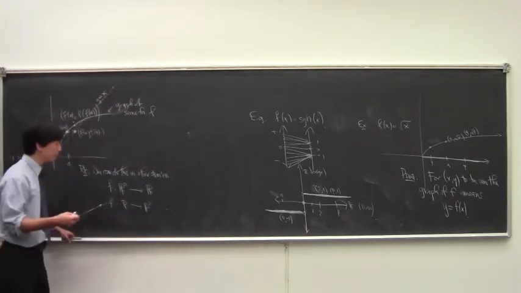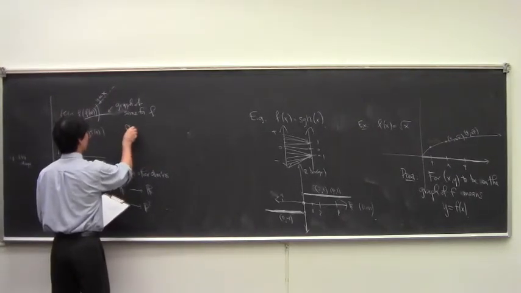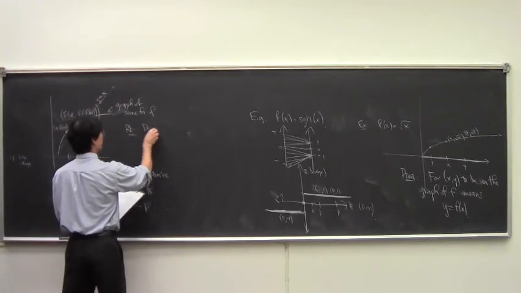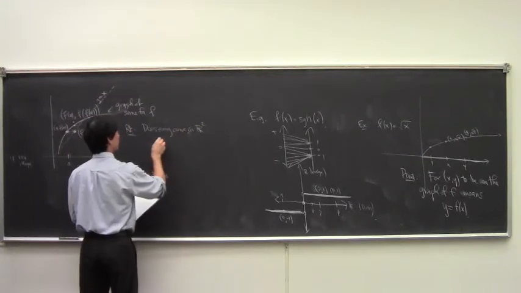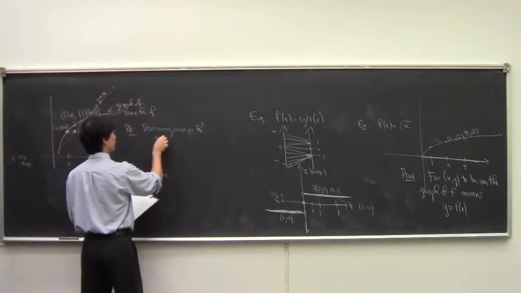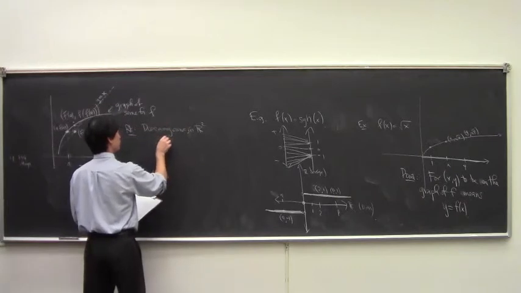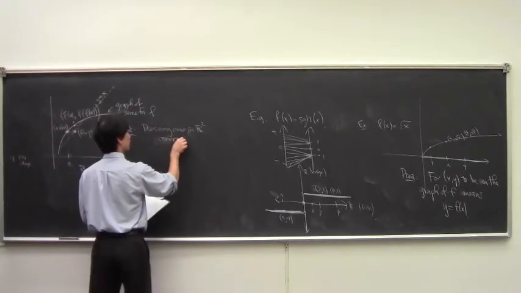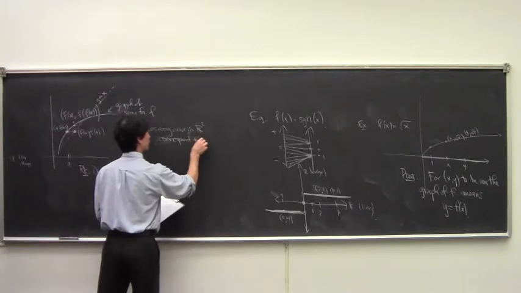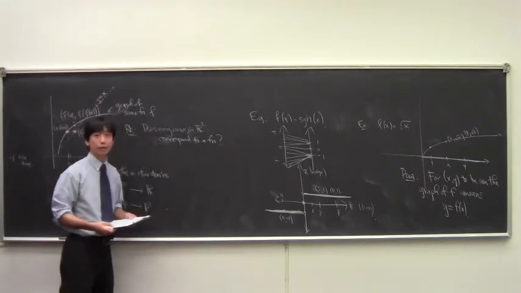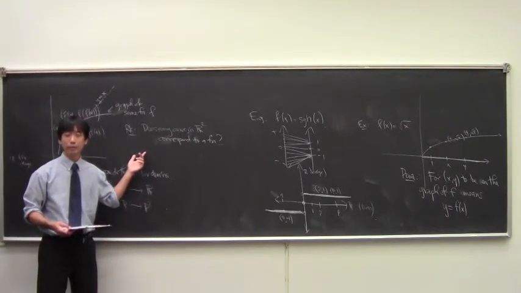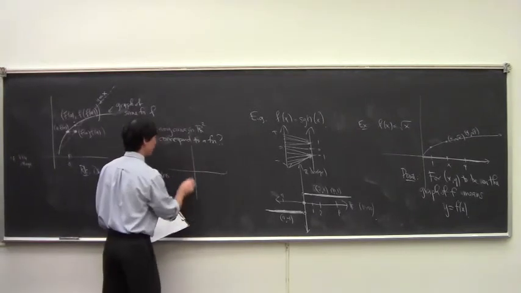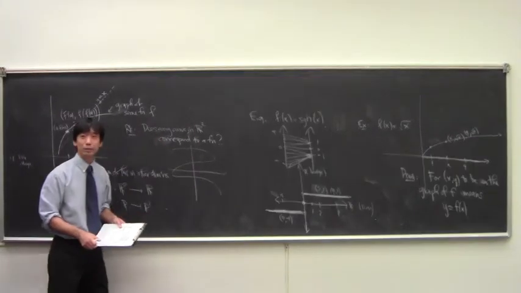And something else that you've probably seen before: does every curve in R2 correspond to a function? Is every curve a graph of some function? Like here, I've got this curve. Is that going to be the graph of some function?